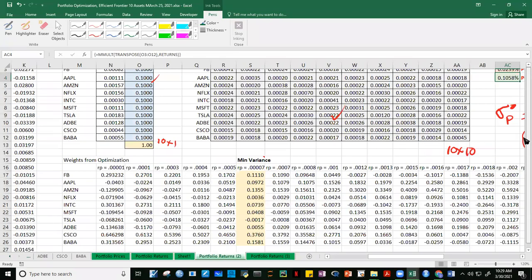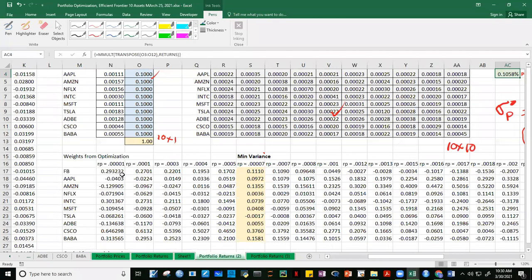So let's set, ang gawin nating objective is, so weights from the optimization, minimize your portfolio risk.